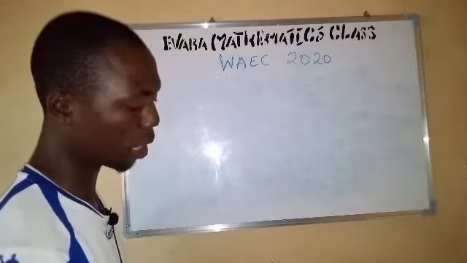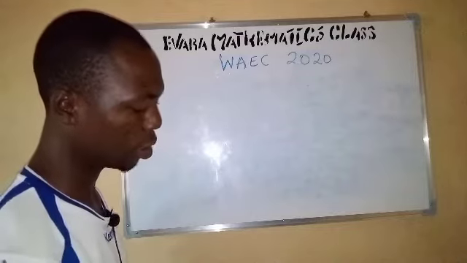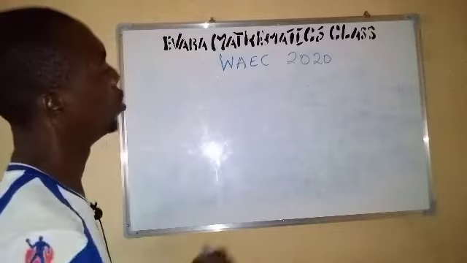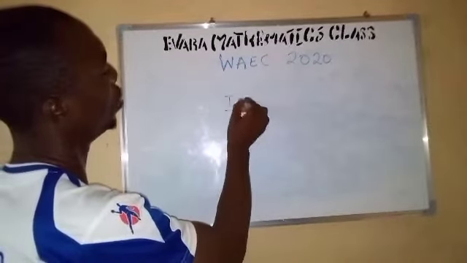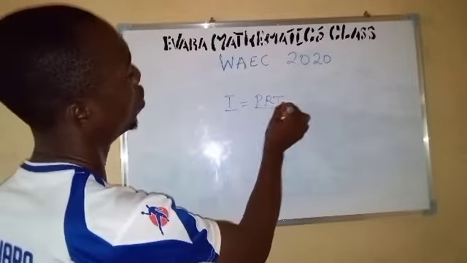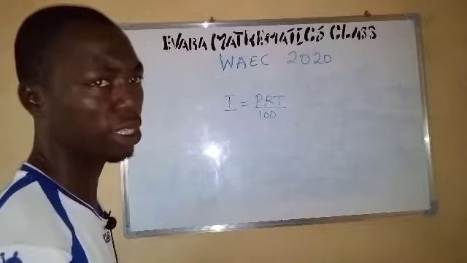And you agree with me that amount is the sum of the principal and the interest. Now, the interest is PRT over 100. That's the formula for calculating interest.